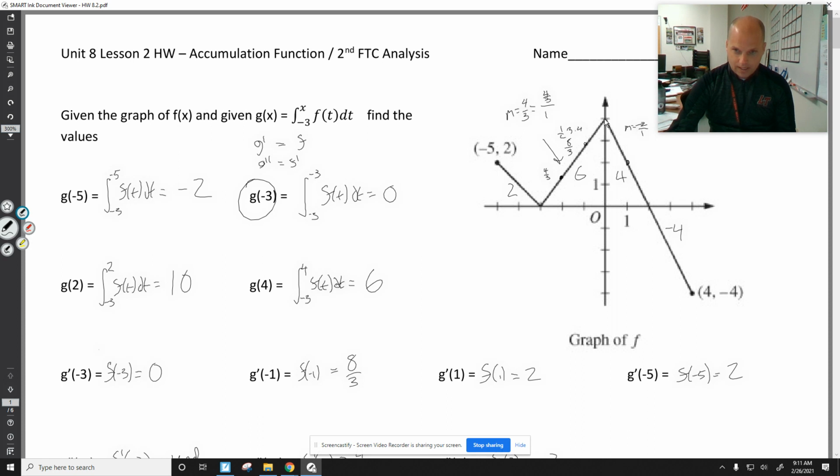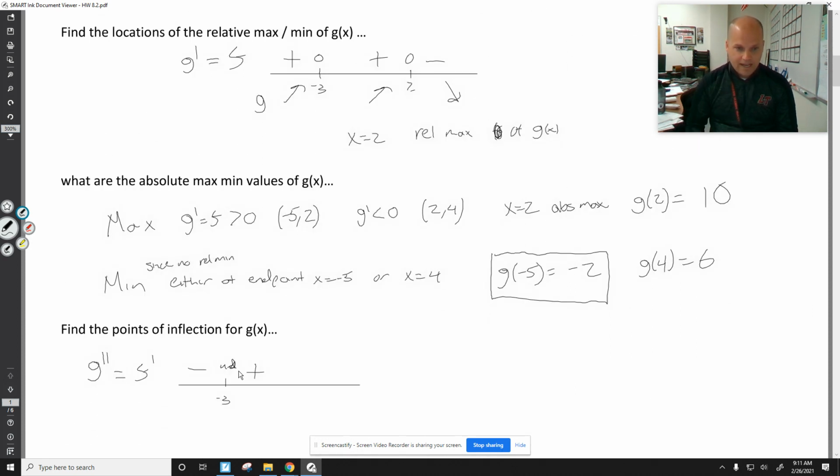So F prime is positive until 0, and then F prime is negative after that. At 0, again, we don't have a flattening out. It's a sharp point, which means it's an undefined value, but that's okay. X equals negative 3 and 0 are our points of inflection on G. Why? Because G double prime, which equals F prime, changes sign.